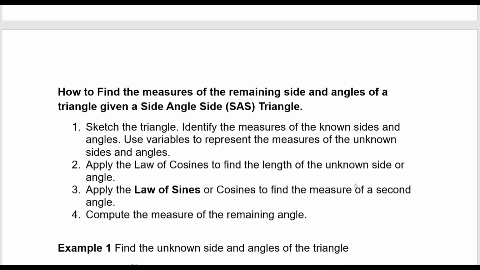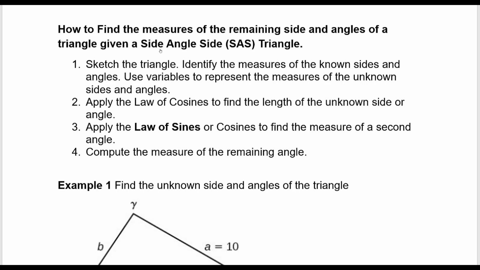So let's go ahead and move on to how to find the measures of the remaining side and angles of a triangle given side, angle, side. That means two sides and the angle between them. It's also known as an SAS triangle.